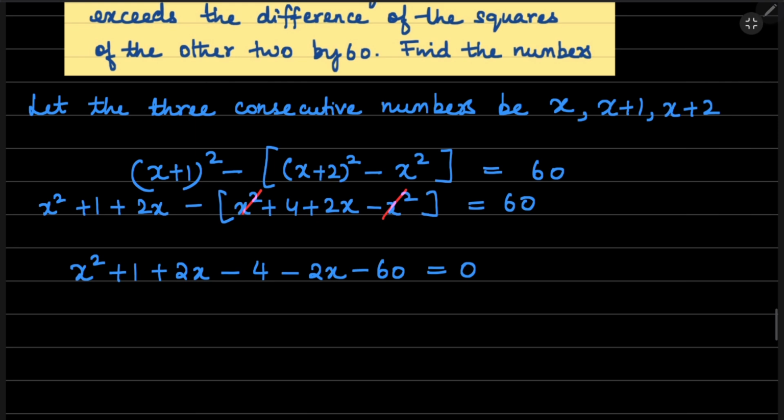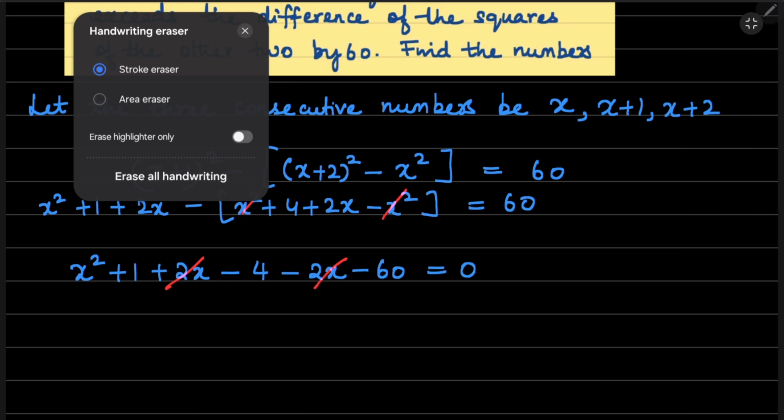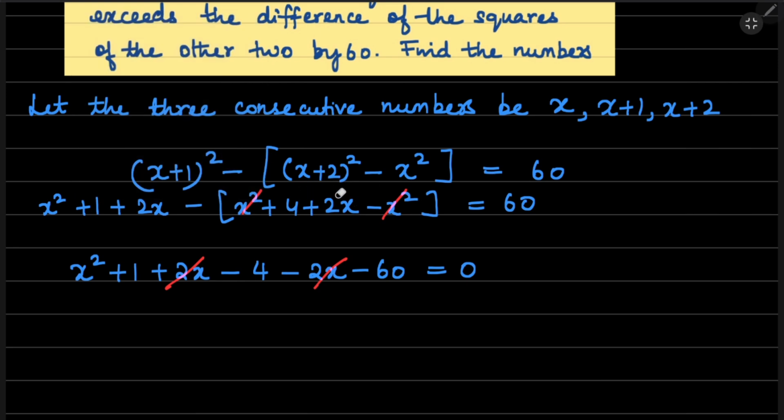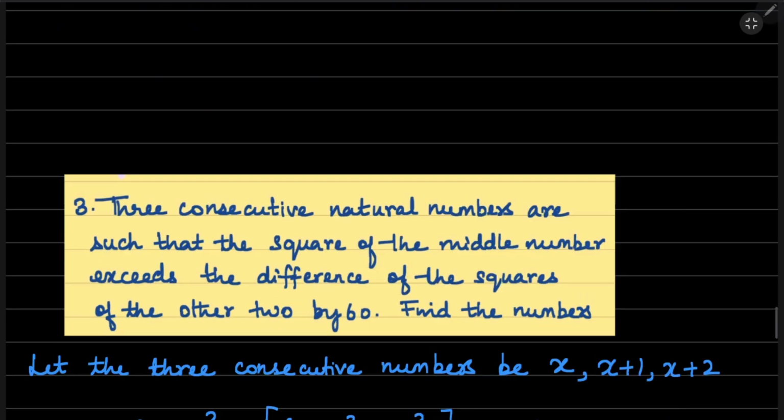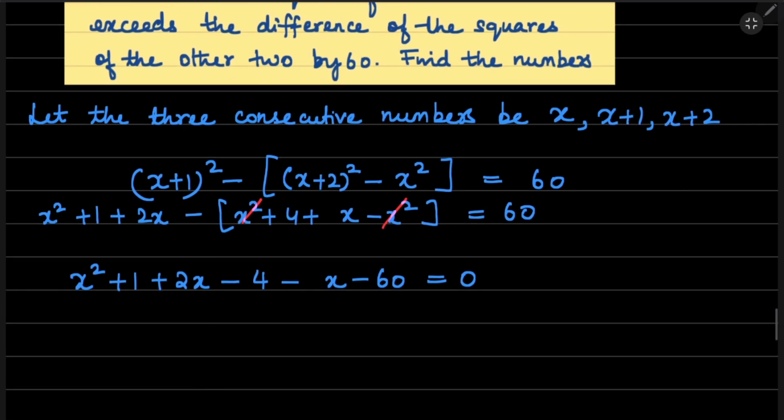So how many x square terms do you have? You have only one x square term. Plus 2x minus 2x will also get cancelled. So you have got, yeah, okay. So I made a mistake here. What is the mistake? Here you don't have x square plus 4 plus 2x, it is x square plus 4 plus 4x. Okay. So make sure you're very careful. I could identify here x plus 2 the whole square is x square plus 4 plus 4x.